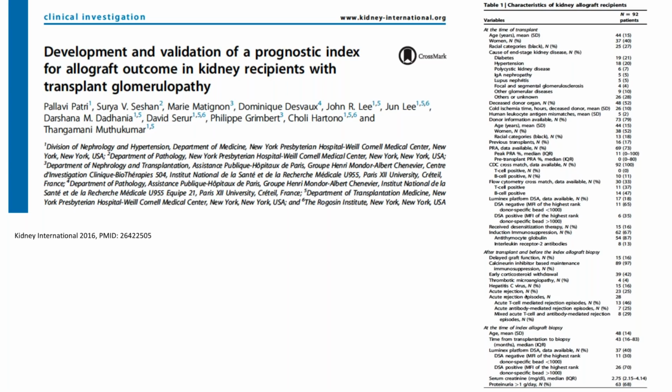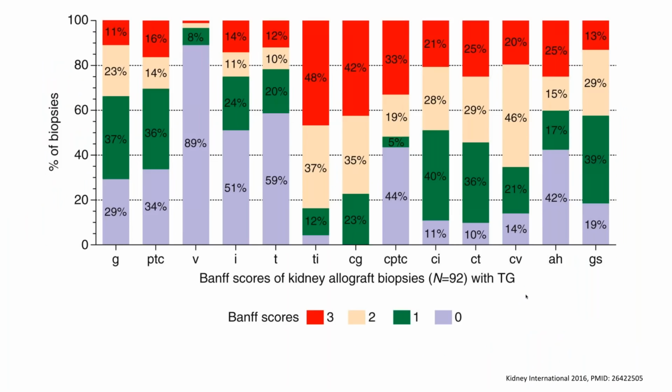This again means that an acute insult which results in remodeling only happens in a minority of patients. The vast majority have some form of chronic ongoing endothelial injury that results in endothelial remodeling, which causes transplant glomerulopathy. So here are the Banff findings from these 92 biopsies.